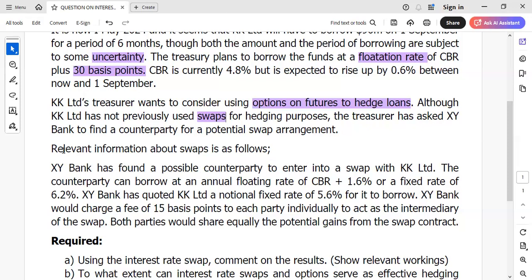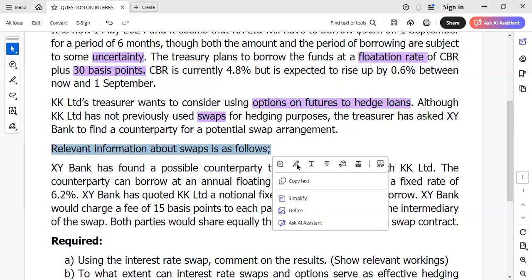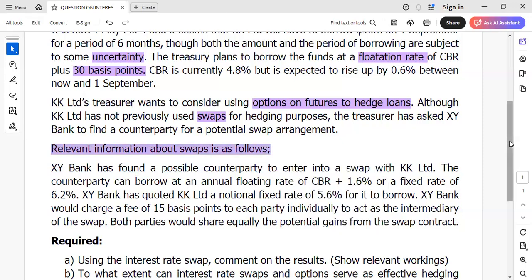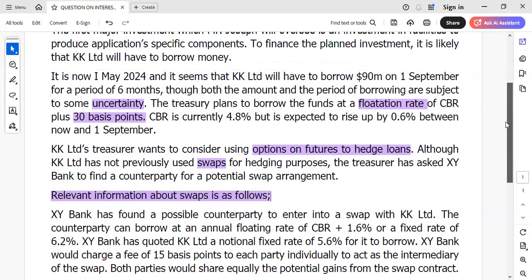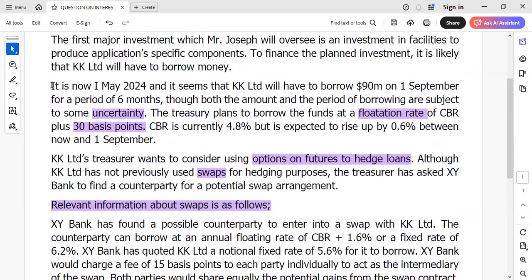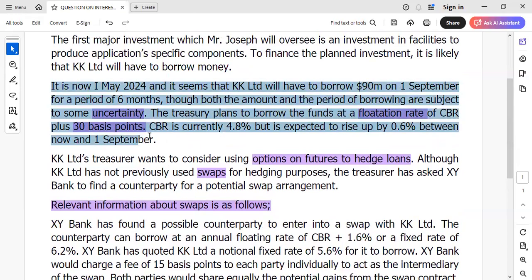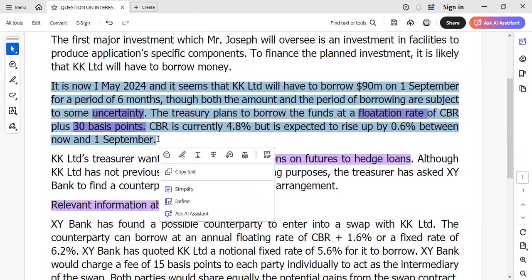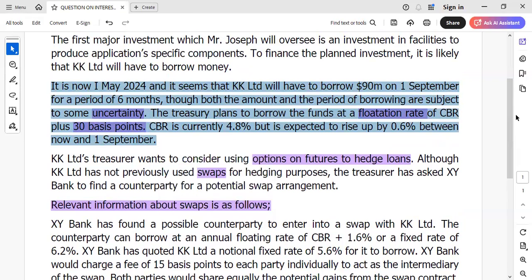Now you have relevant information about swaps. Not all information given can be applied when you are using, let's say, interest rate futures or options.